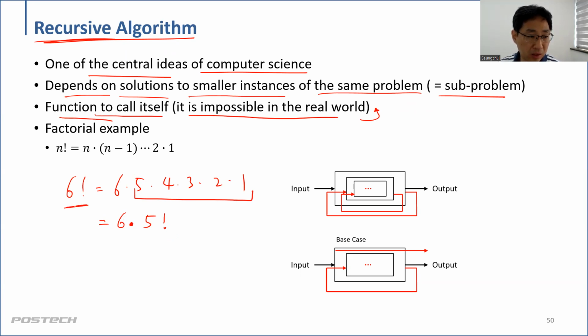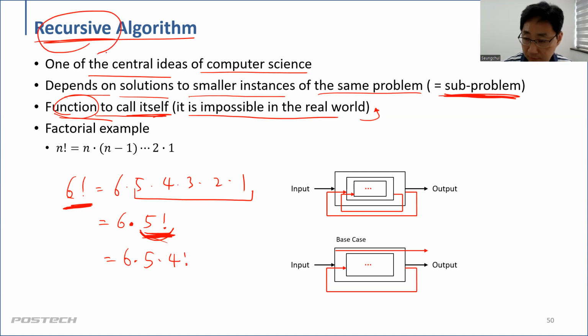In order to compute the factorial, we have to call the function itself, but on a smaller problem, from 6 to 5. And 5 factorial is the same as 5 times 4 factorial. That's why we call it recursive.